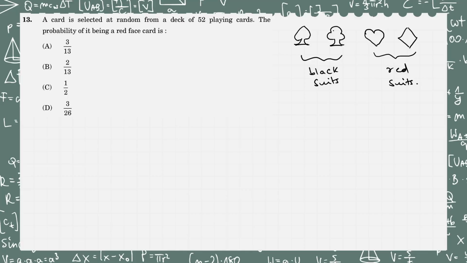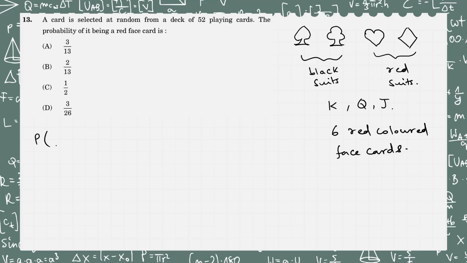We call them like spade, clubs, hearts and diamonds, right? So each of these suites will have king, queen and jack as the face cards, right? So red face cards means hearts and diamonds both will have 3 face cards each, right? So totally 6 red colored face cards will be there.